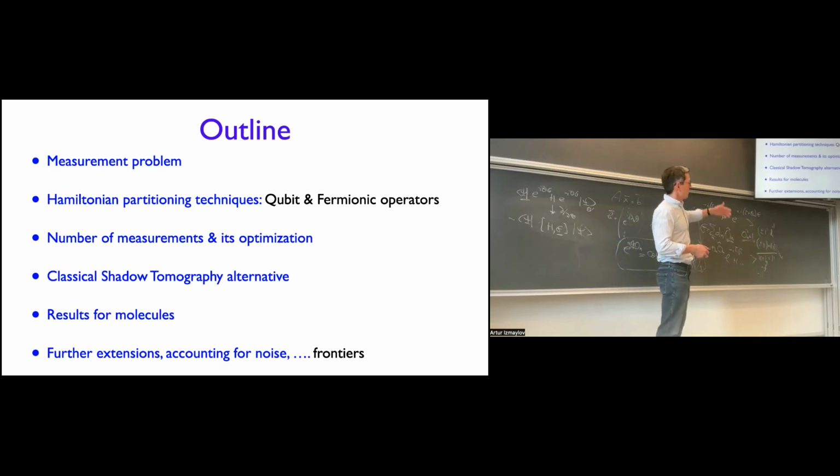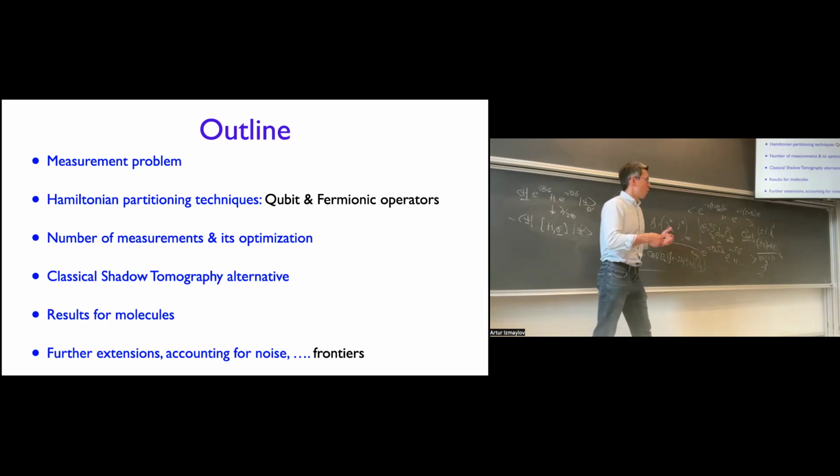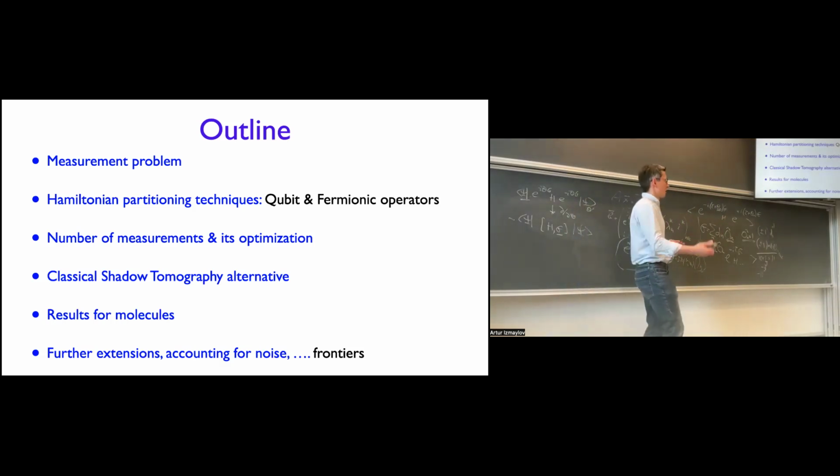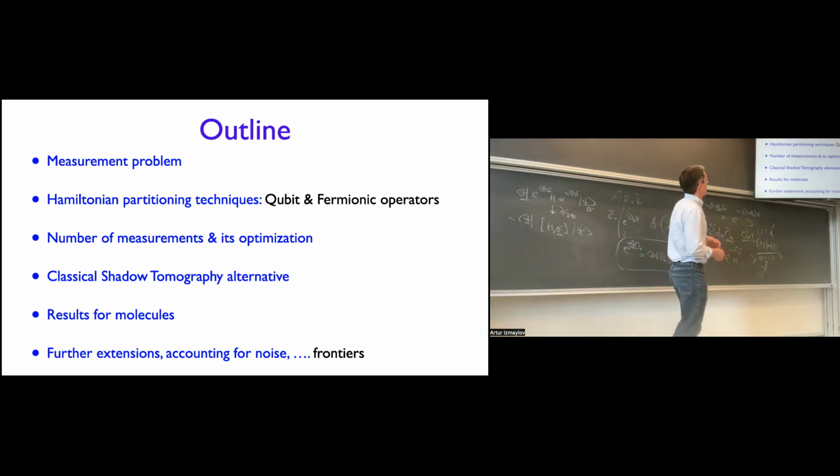Today I would like to give a bigger picture of the aspects of measurement one needs to consider, instead of going too much into details of the unitary transformations required to do the measurements. So this is the outline. Probably I'm not going to be able to finish all of these topics, but we will try to look at them.